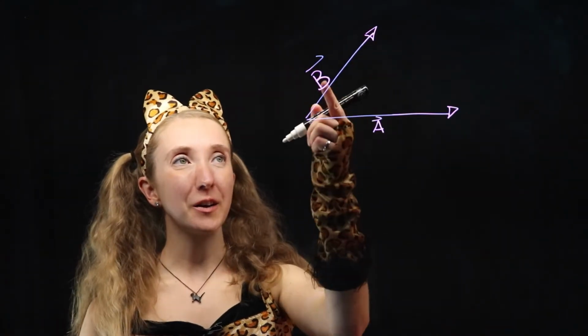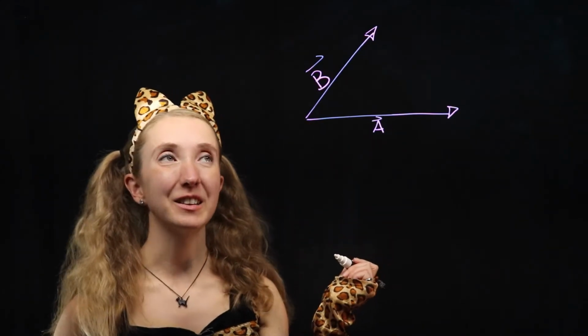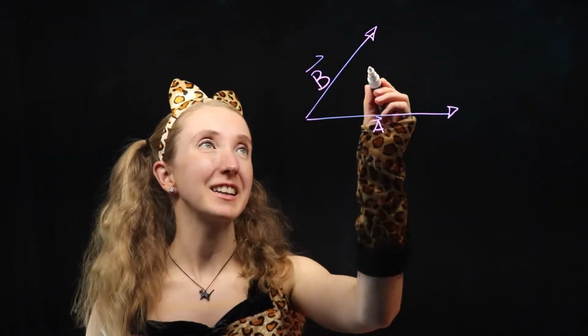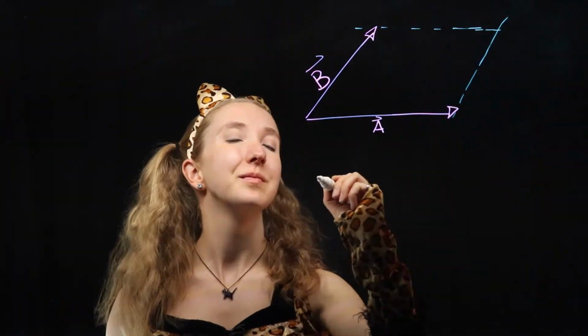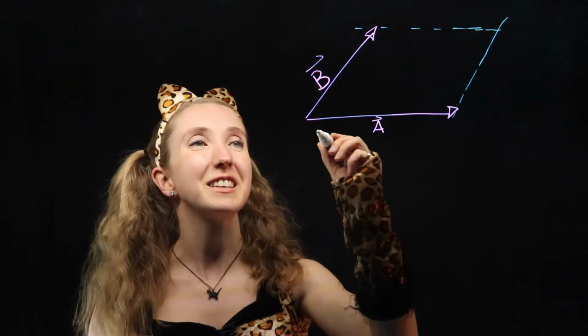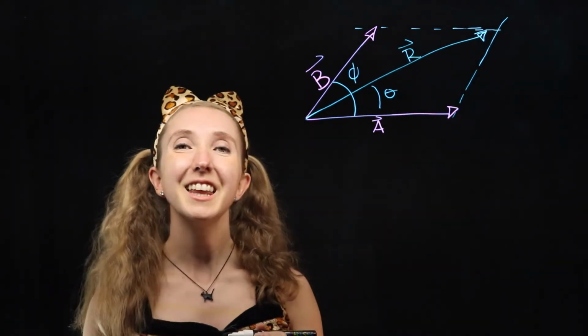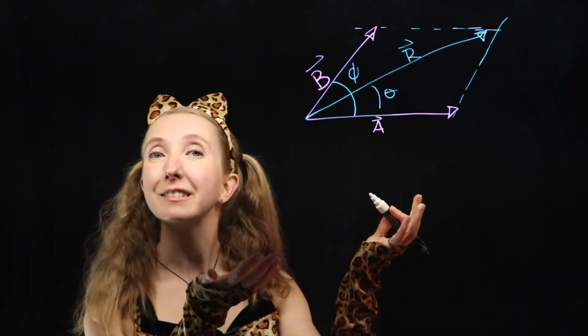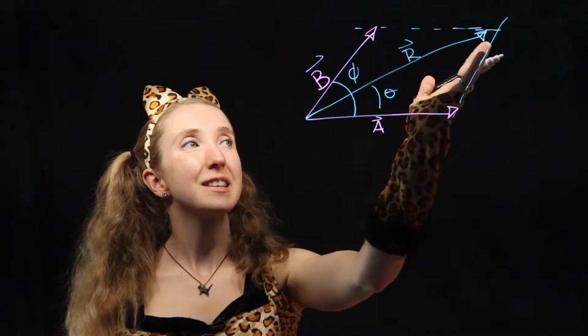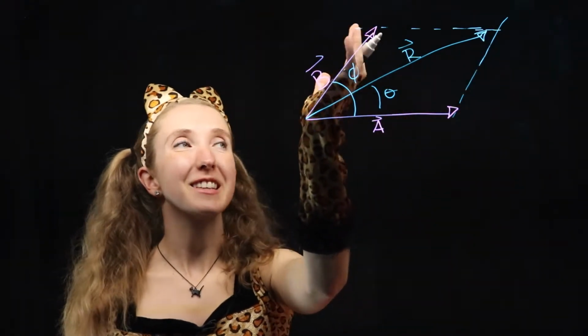We start by drawing A and B tail to tail. Then we draw our parallel lines. This lets us draw our resultant. Then, using the properties of our parallelogram, we know that this side must be equal to this side.